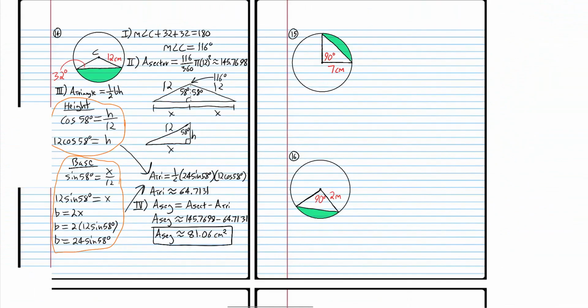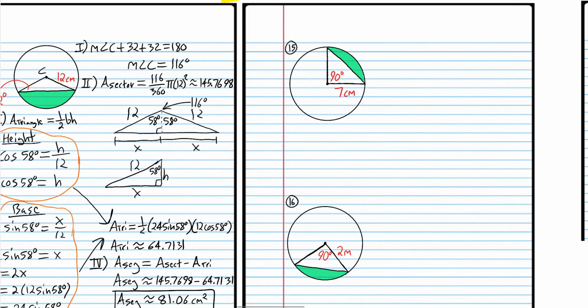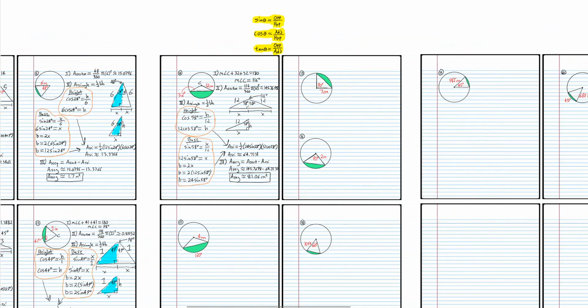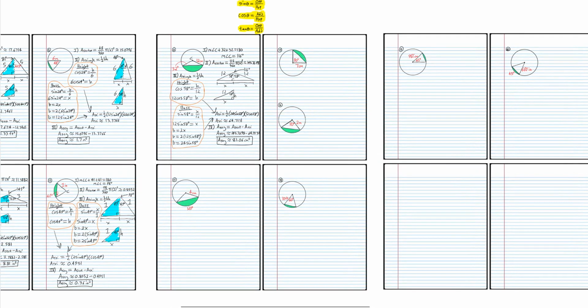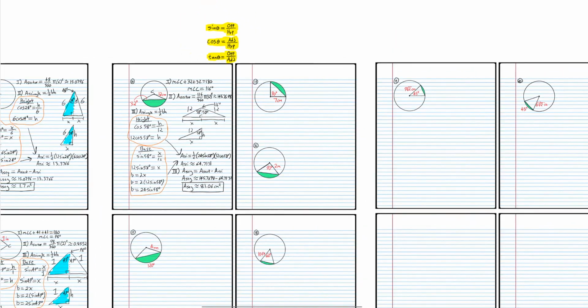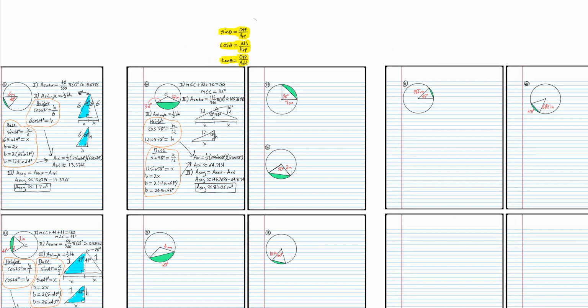Okay, on to number 15. Now these next problems are going to be pretty easy. In fact, that's all we're going to do for the rest of the day, just these easier problems. See, the difficult thing about the previous problems, like I said, was finding the area of the triangles.